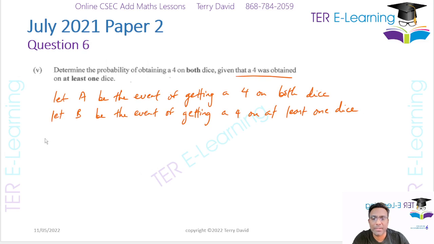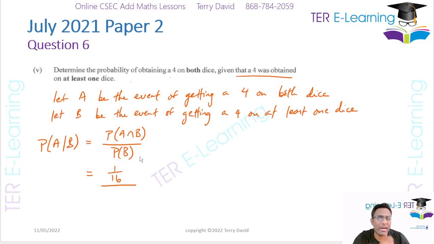Now the probability of A given B is a conditional probability. It's given by this formula: A intersect B all over the probability of B. So the probability of getting a 4 on both of them is 1 over 16. That's the top part.